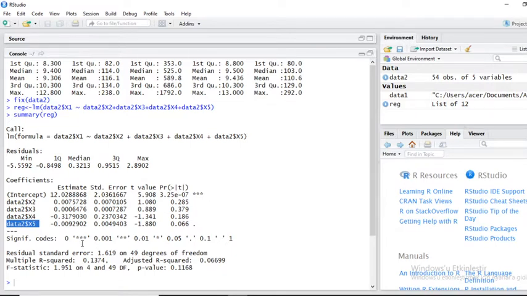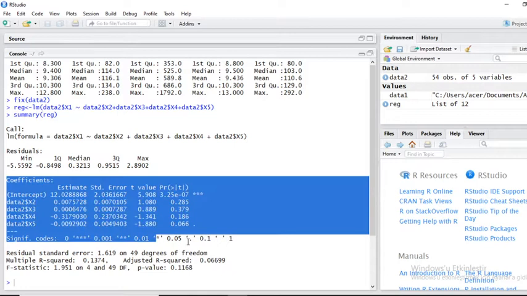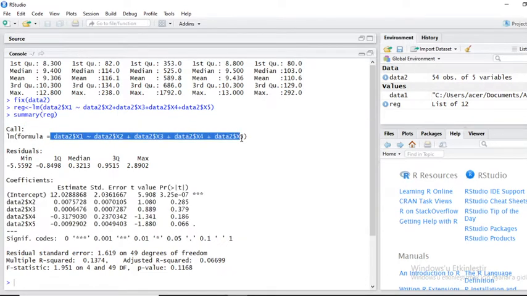And let's look at the F statistic, which is about the whole regression. Is there any good fit of the overall regression?